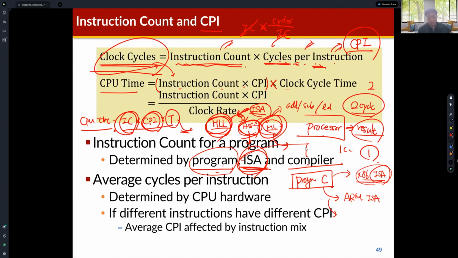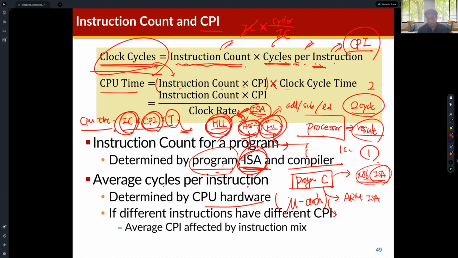So instruction count for a program is usually determined by software. And then how about the average cycles per instruction? It's determined by hardware, actually, the microarchitecture.